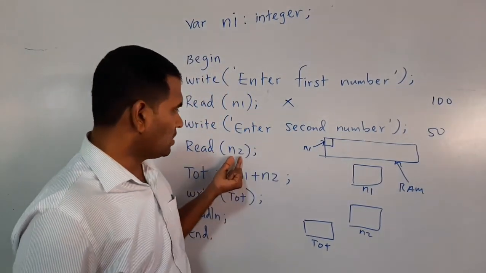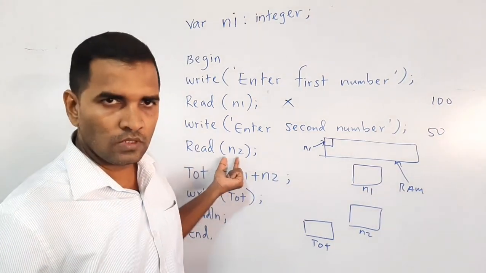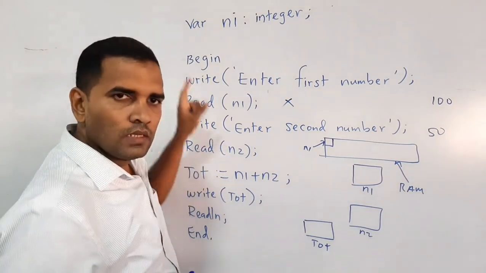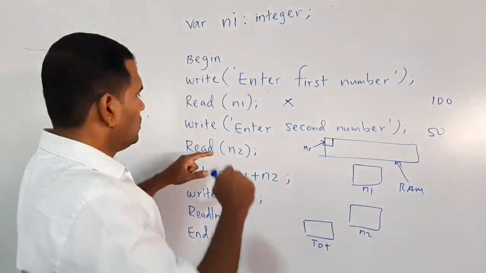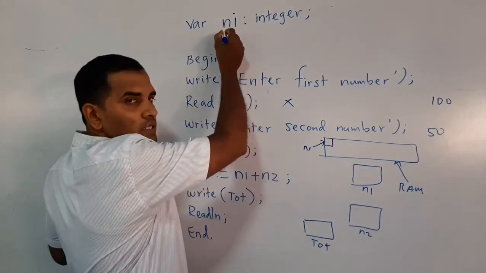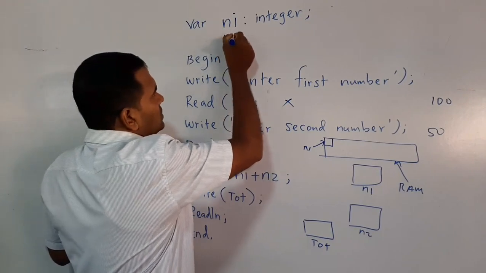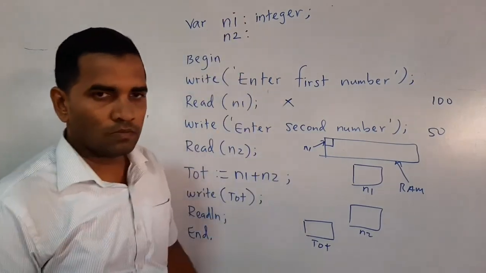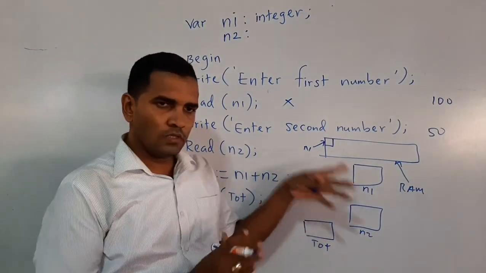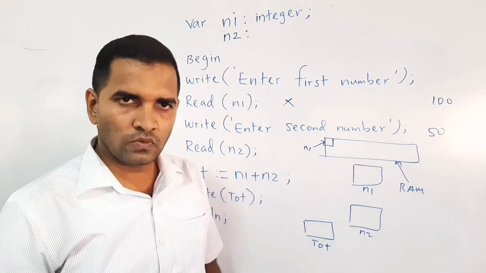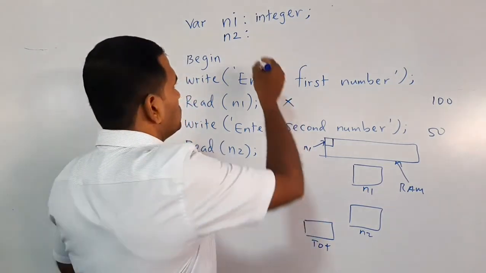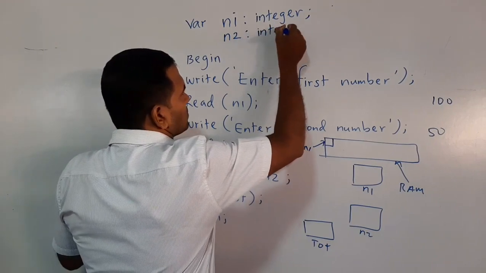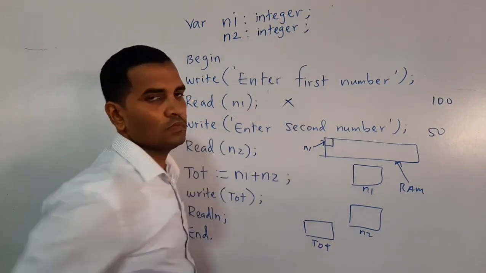So let me introduce variable 2. You don't need to write var again, that single var is enough. Now the variable name, you may write in the next line. It is n2. Again a colon symbol. I already told you that this program is for adding whole numbers, so the type of data is integer, semicolon.